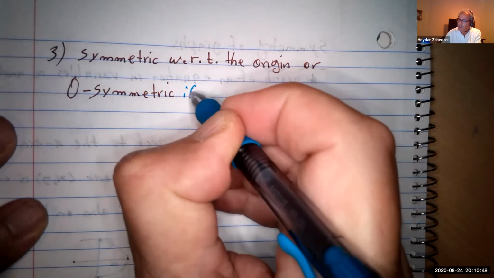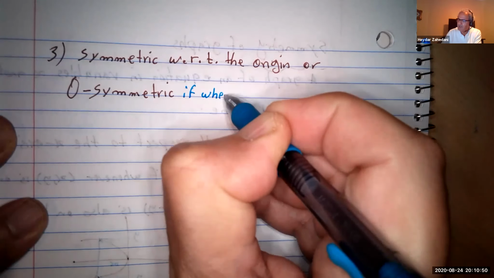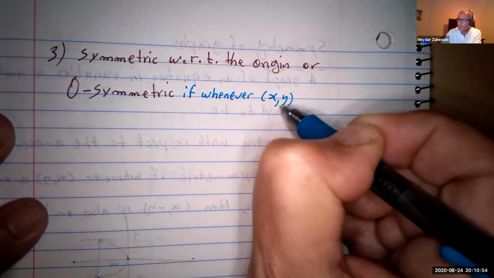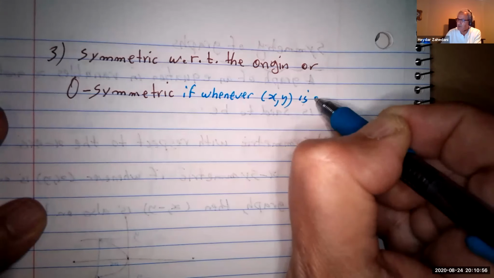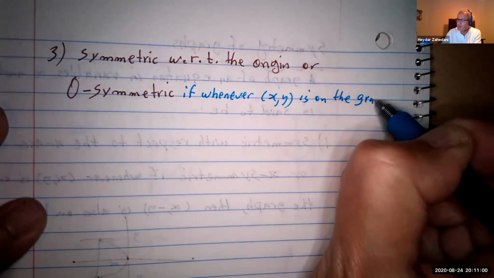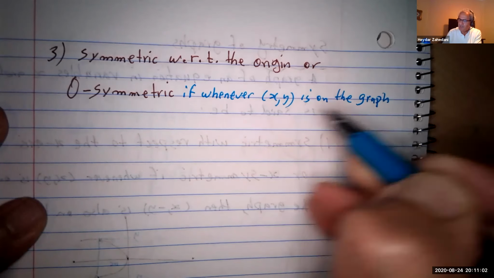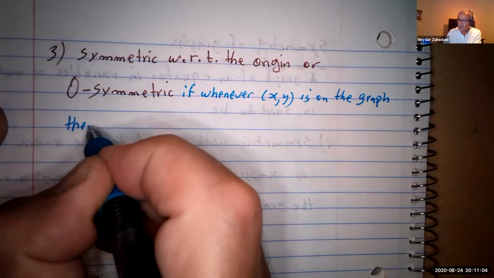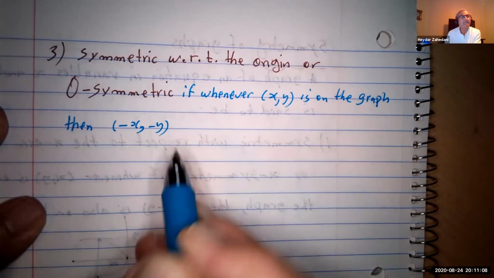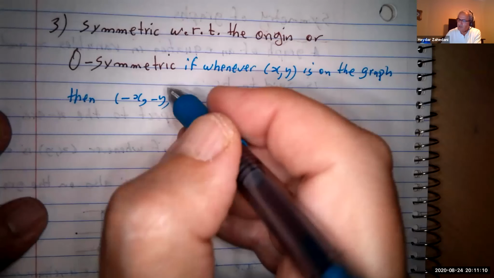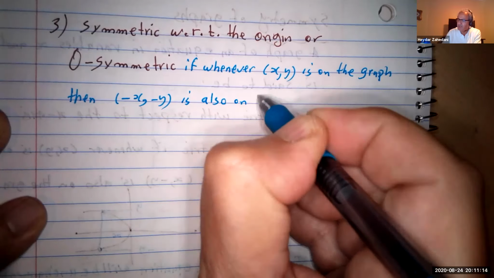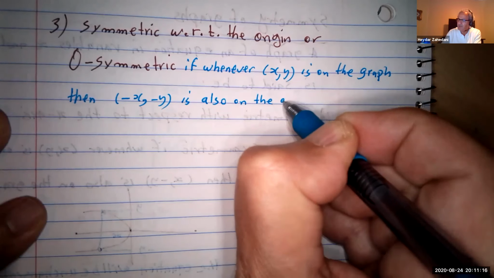Whenever x comma y is on the graph, then negative x comma negative y is also on the graph of the equation.